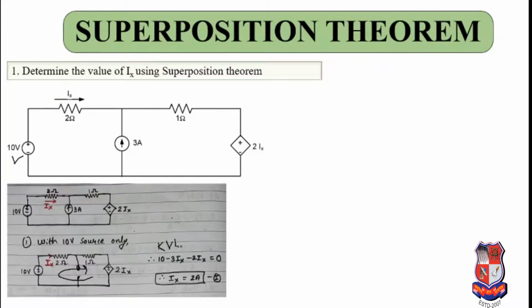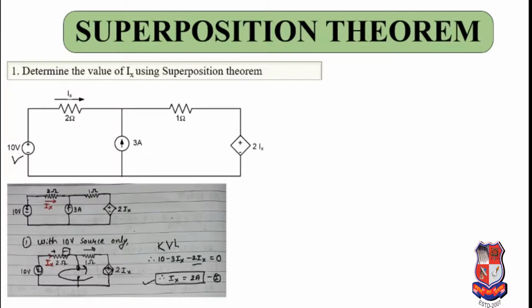So when you apply KVL, what will happen? It is plus 10, where current is leaving, that we consider. Then this is plus and this is minus, so minus 2 times Ix, and over here also minus 1 times Ix, and over here this is a voltage source, so polarity is minus, so minus 2 times Ix, that is equal to 0.